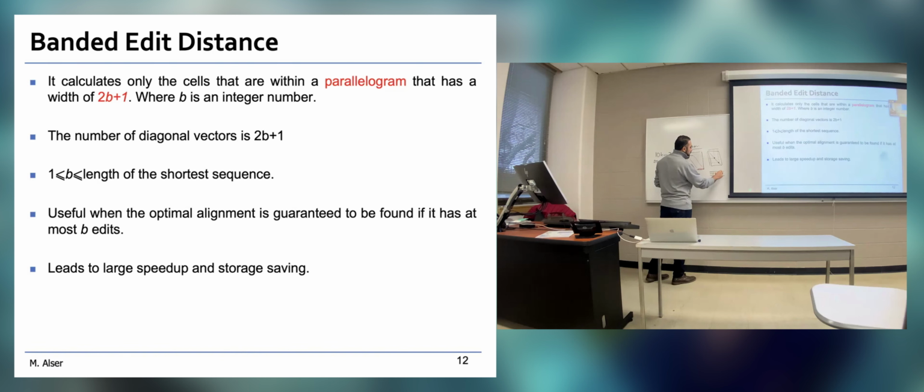Let's start from 1 to the length of the shortest sequence. And I'm sure you are smart enough to realize why the length of the shortest sequence, not the longest. So think about the dynamic programming table this way. We have one large sequence, and we have another one very short. Could we have this case?